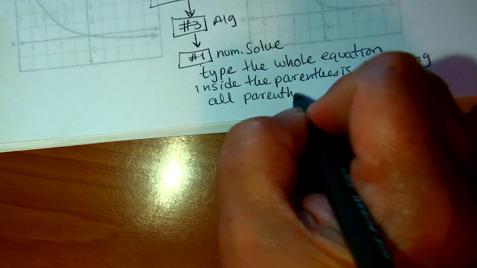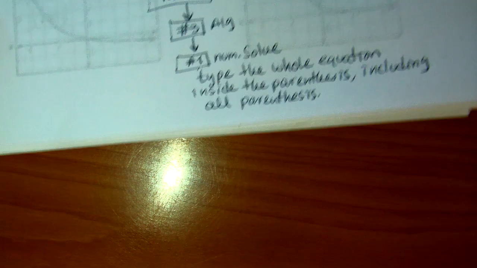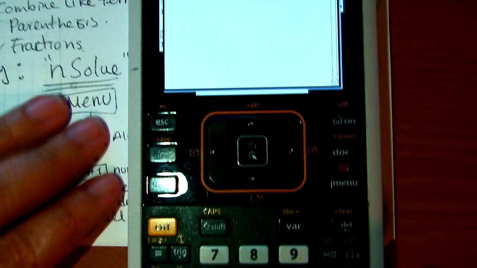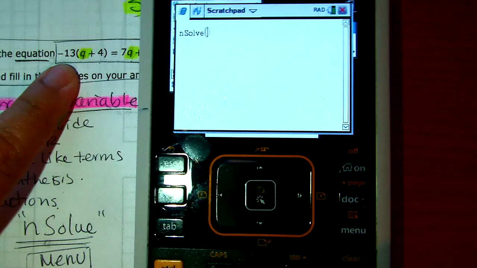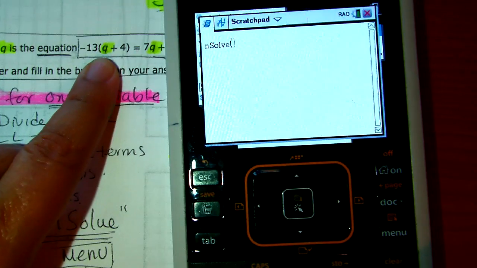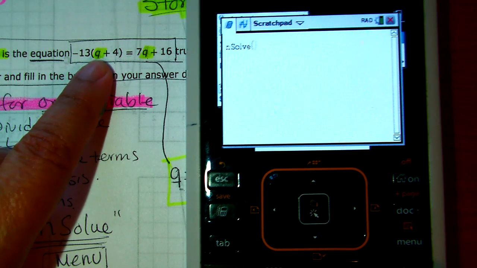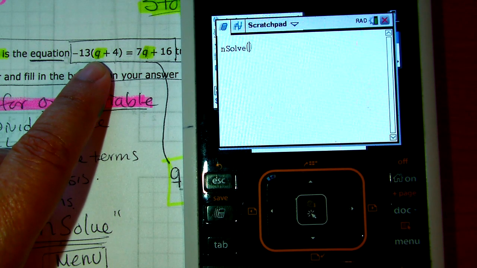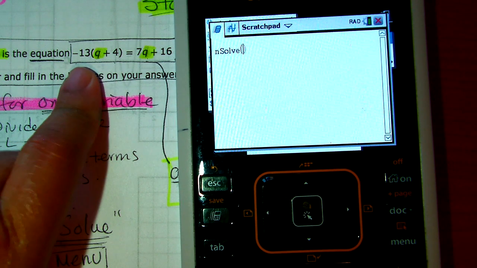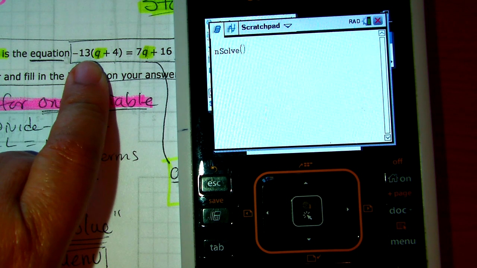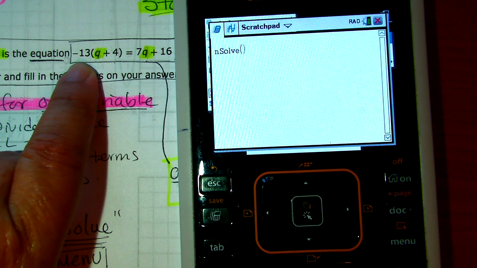You're going to see why. All right, so we're going to type the equation. I'm going to type this equation right here. Same way that we did it with the expressions, with the store key. Okay, type it exactly the way you're looking at it. Type it exactly the way your beautiful eyes are looking at it.